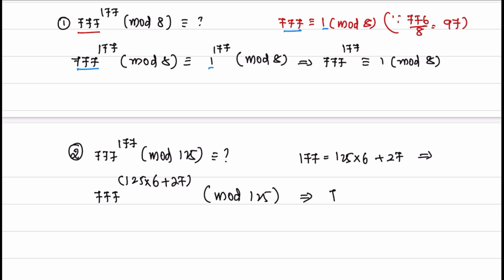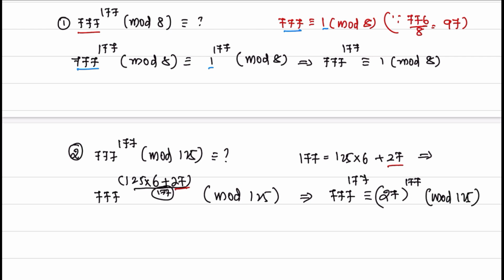which implies 777 to the power of 177 is equivalent to, because 27 is the remainder here, 27 to the power of 177 mod 125.